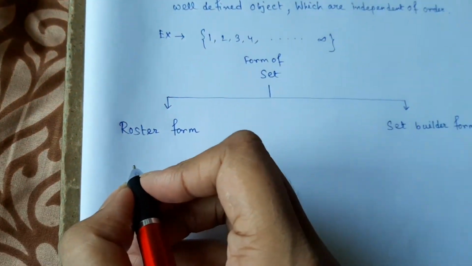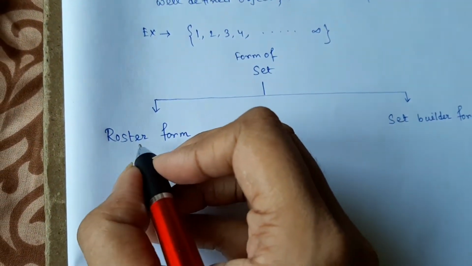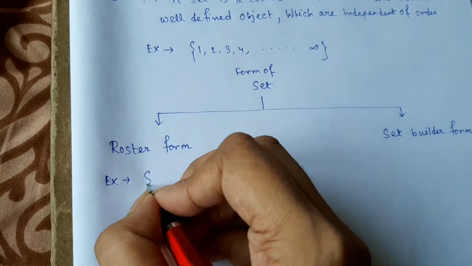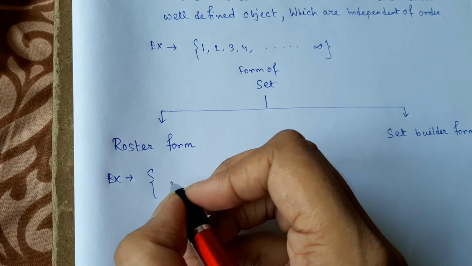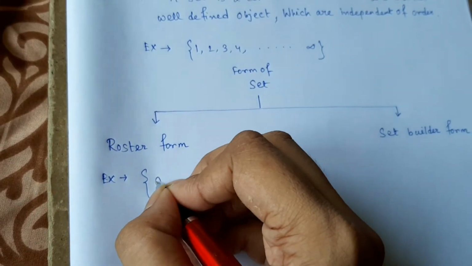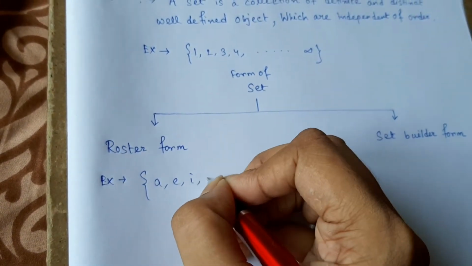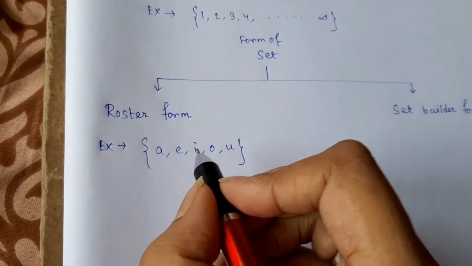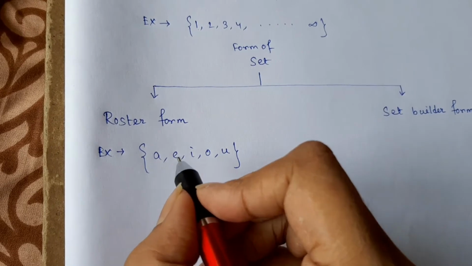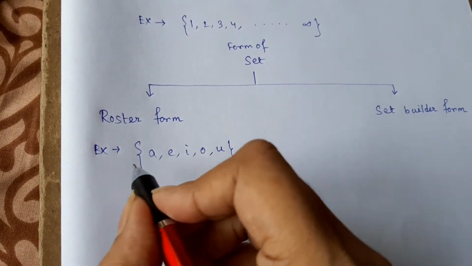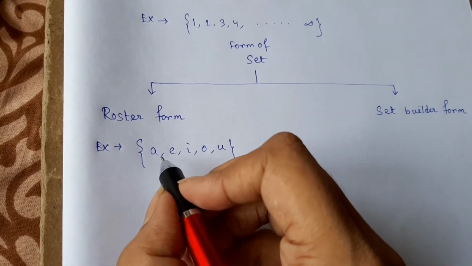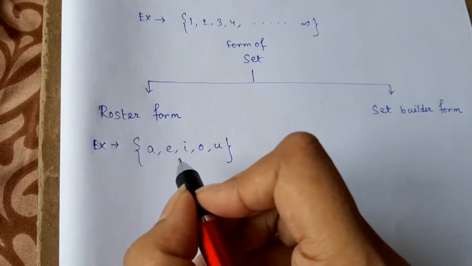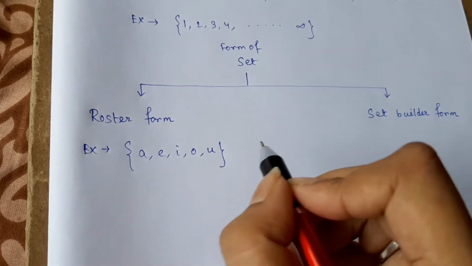Now we give an example of roster form. Set of vowels: {A, E, I, O, U}. If we write the set in this form, where curly brackets are used and all the elements are distinctly written, then this form is called roster form.